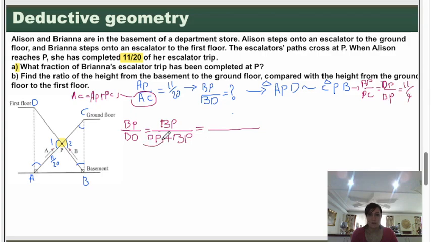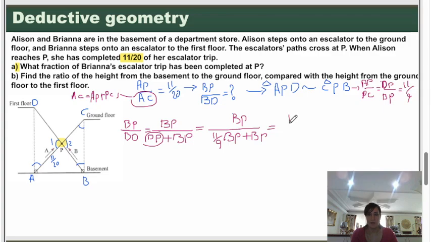Instead of DP, I write 11 over 9 BP plus BP. I factor BP from numerator and denominator and cancel them.